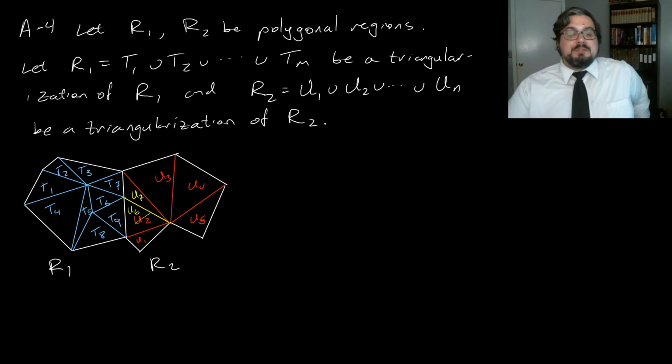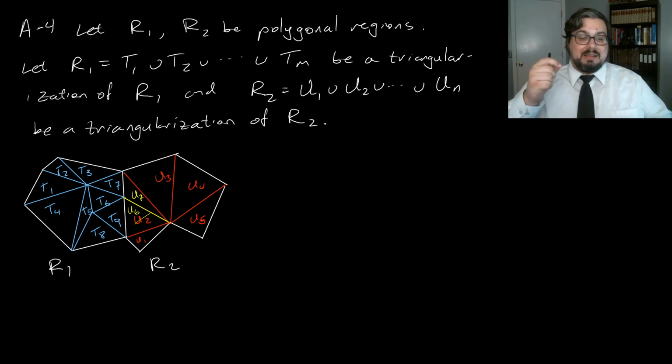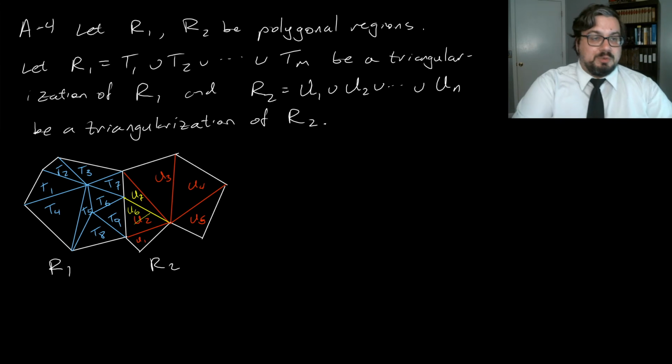So going through this process of refining the triangularization by introducing new line segments which give new triangles that build up R2 is what we'll do in order to take two triangularizations of R1 and R2 and turn it into a triangularization of their union.